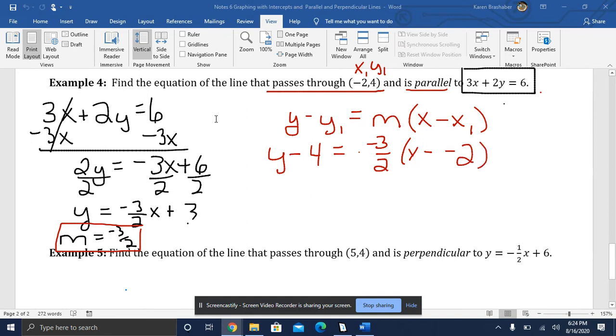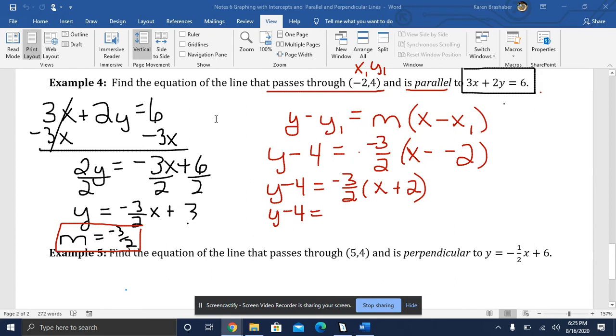And I want to simplify that double negative. So I'll take my step and change that to x plus 2. I now need to remove the parentheses.